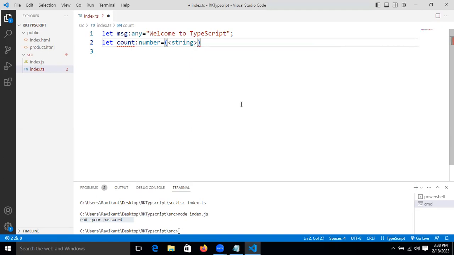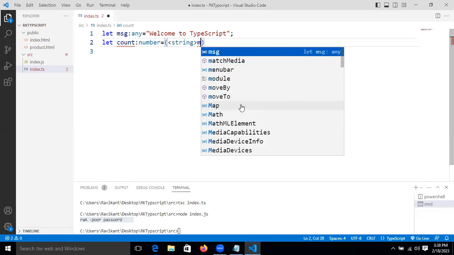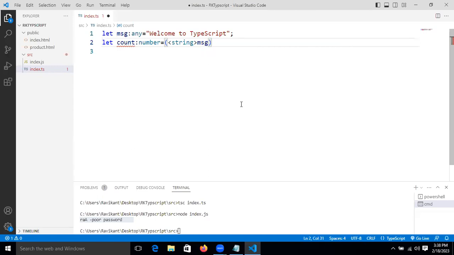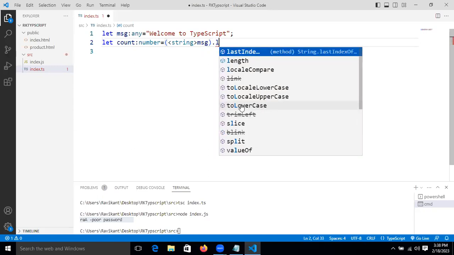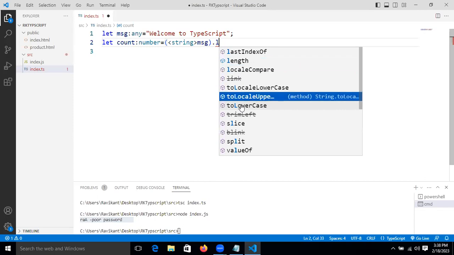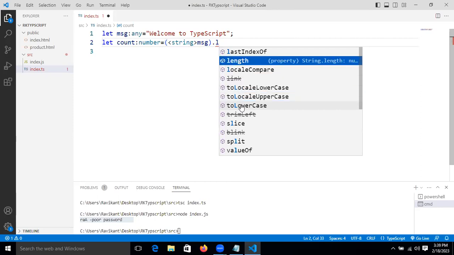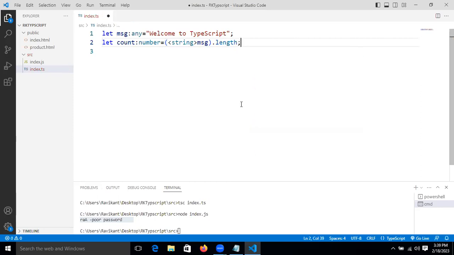I want to convert this message to its length. See, all the related functions are presented. Our compiler is giving the suggestion: use the length function to convert this string to a number.